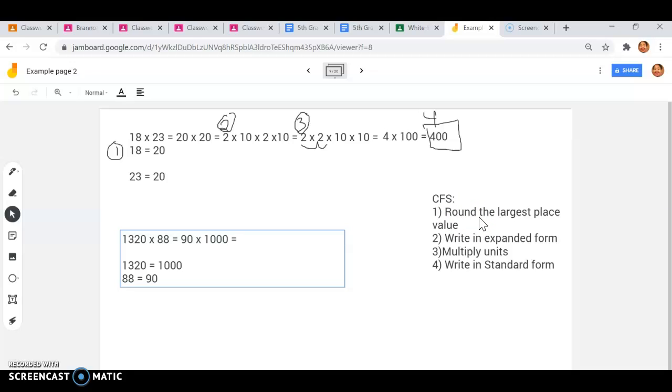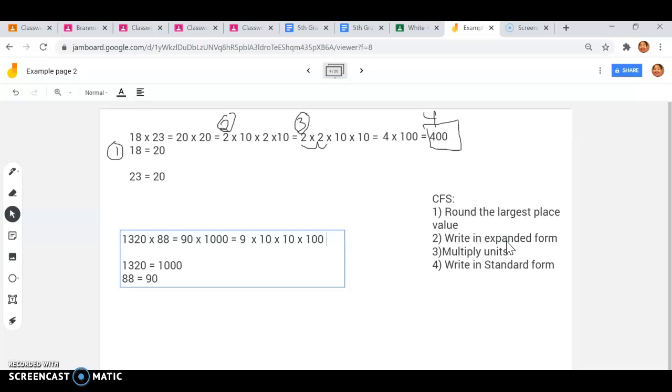Okay, so now we're going to then, step number 2, write our number in expanded form. Well, we know that 9 times 10 can give us 90. So then we do 9 times 10 times, and we know that 10 times 100 can also give us 1,000. So all we're doing is breaking apart those numbers to represent by tens, hundreds, and thousands.